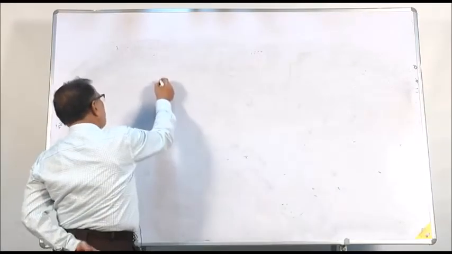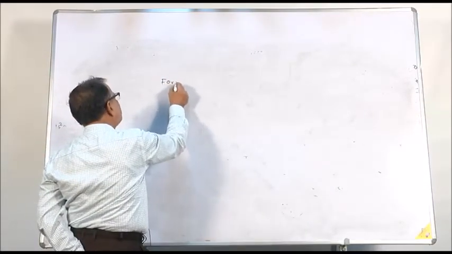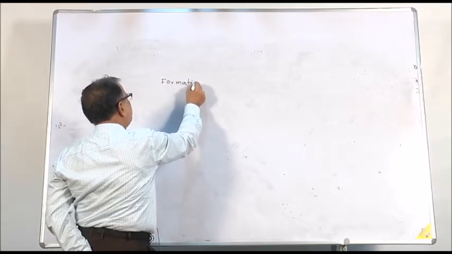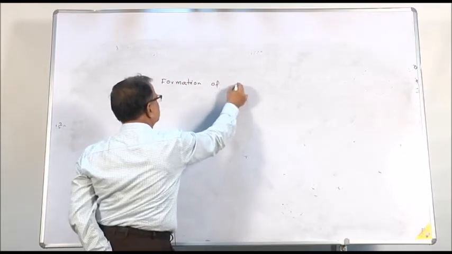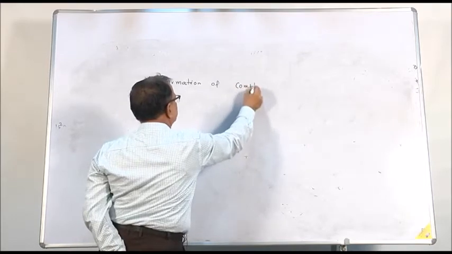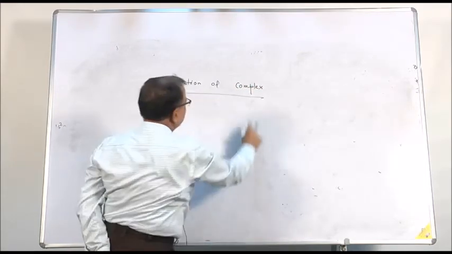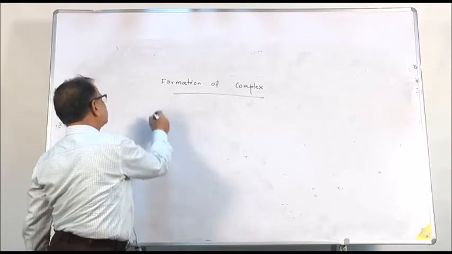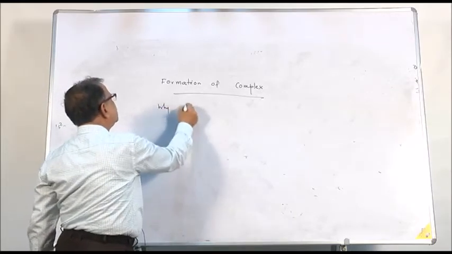Then we go to formation of complexes. Why do transition metals form complexes?